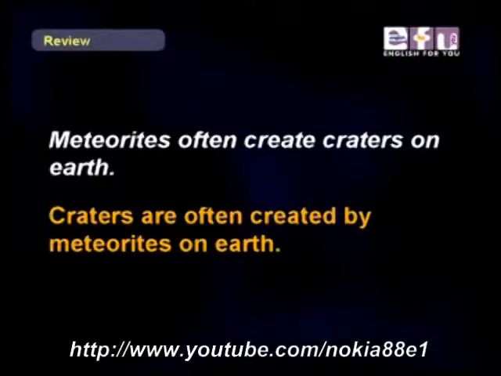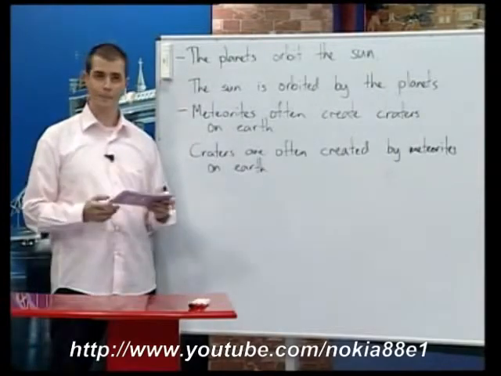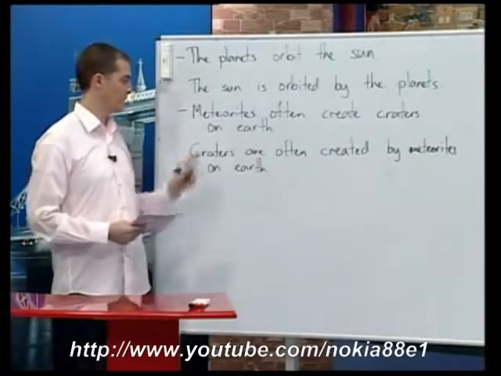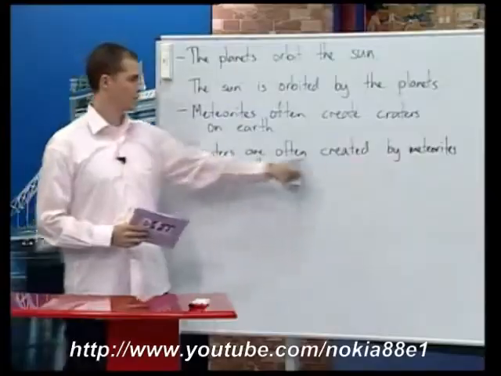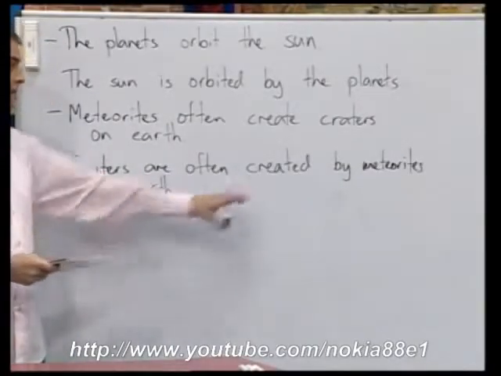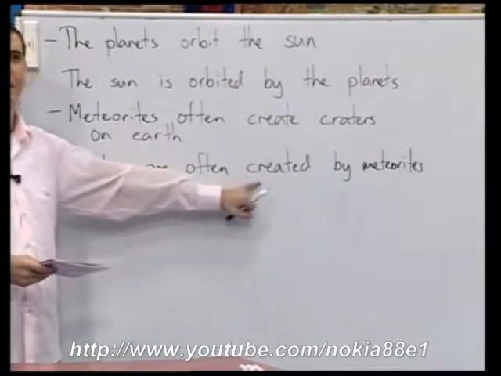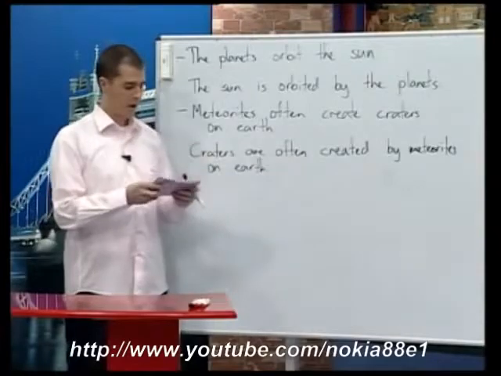Craters are often created by meteorites on Earth. Be careful. This is crater. This is created. They are completely different. You remember crater? And this is create. It's like make. To make. Okay, Monica, the last one.